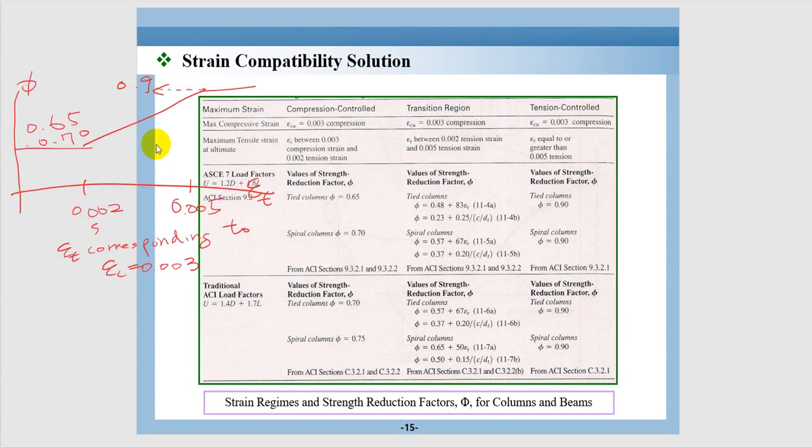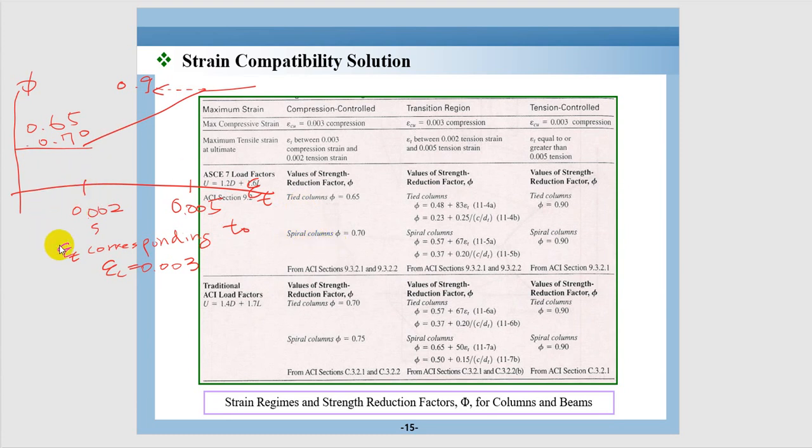Okay, let's summarize the phi factor depending on strain compatibility and the design regions. If you are designing columns in the compression controlled region, you will use a phi factor of 0.65 and 0.70 for tied and spiral columns respectively.